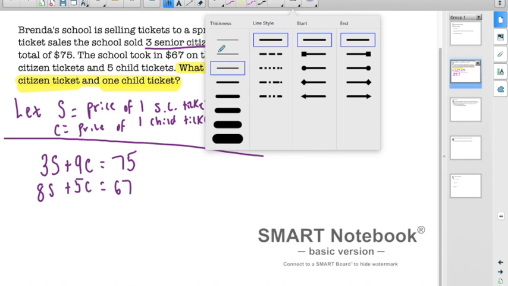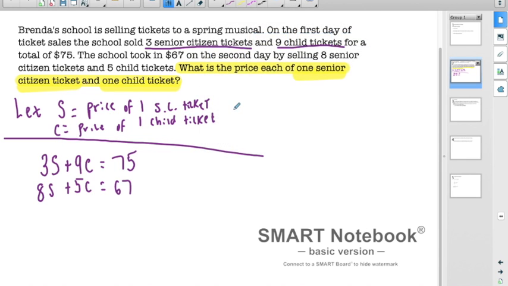So the way we typically did it in class, guys, was elimination, or the hug method if you guys want to use that. Okay, I have to eliminate either S or C by getting the same number but with opposite values. So just by looking at this, I know I can't multiply the top by any number and have it eliminate with the bottom, right?